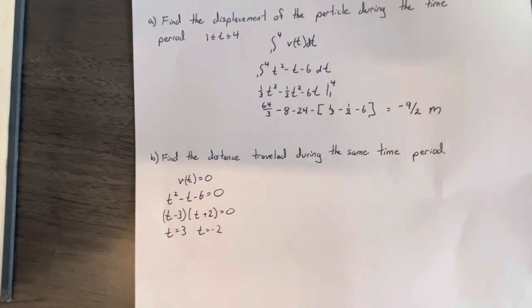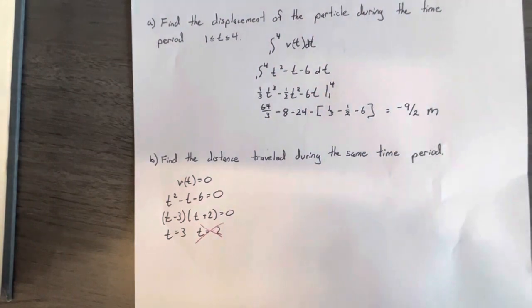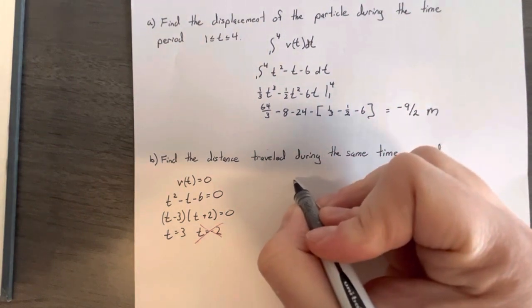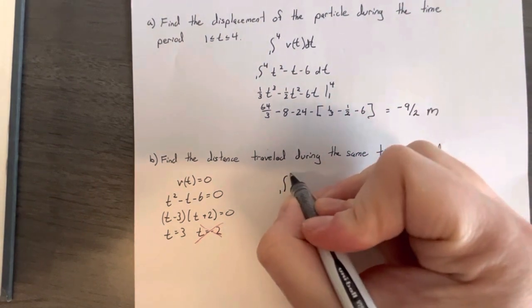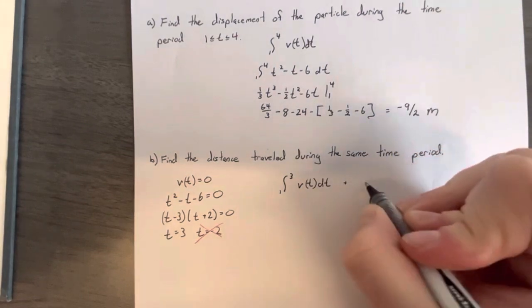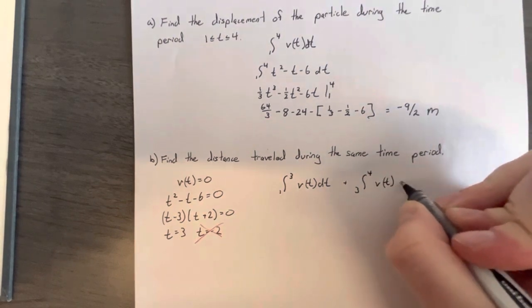Since negative 2 seconds isn't really occurring, all we have to think about is the 3-second iteration of this. So if we want to find the total distance traveled here, I need to have 2 integrals: from 1 to 3 for our velocity and from 3 to 4 for our velocity.